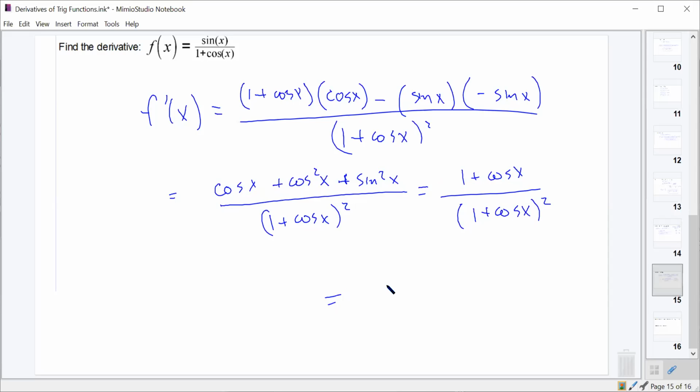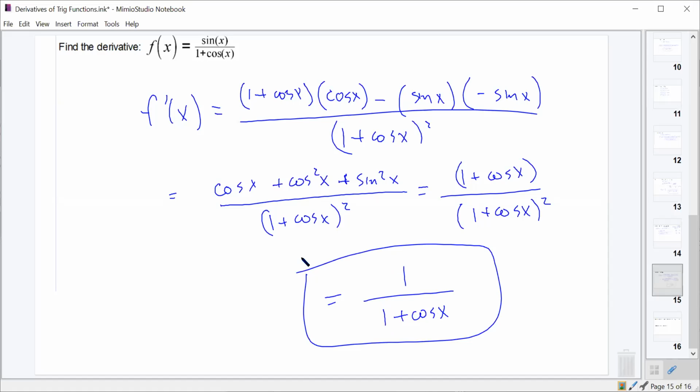And what does that simplify to? Just 1 over 1 plus cosine x. Is that what you all got? Yeah. All right. Any questions or issues there?